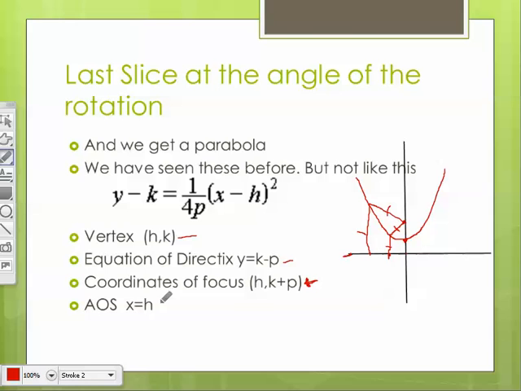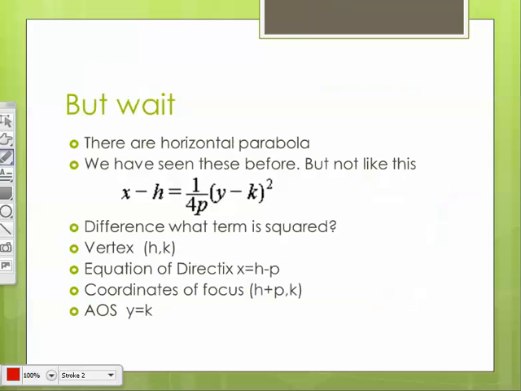The axis of symmetry has an equation. Now, what have we dealt with in the past? We've dealt with the axis of symmetry. We've dealt with the vertex in the past. These two are things you probably are not very familiar with. But those are a part of a parabola. This is what allows us to say that we can have horizontal parabolas. That's where this is coming from.